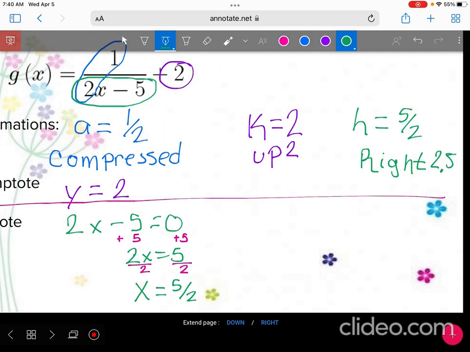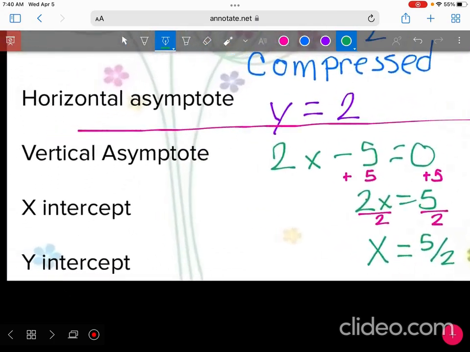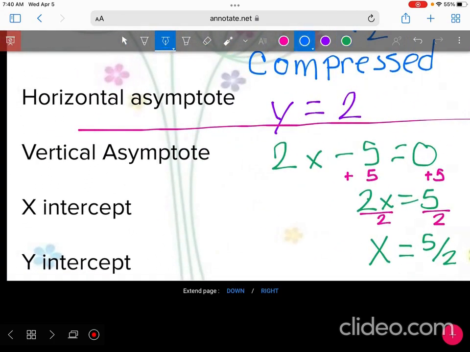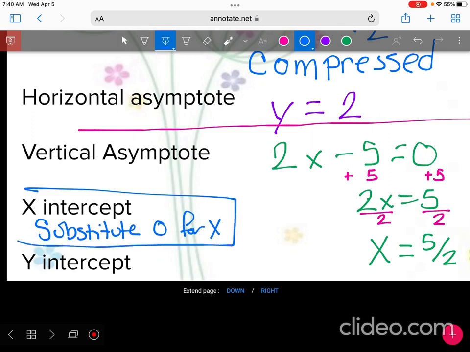The y-intercept and the x-intercept on this one are, the y-intercept in particular is fine. The x-intercept is gross. To do this, which we're not going to need to do because honestly I want to get to the other things, you would substitute in 0 for x and solve it, which you can absolutely do.